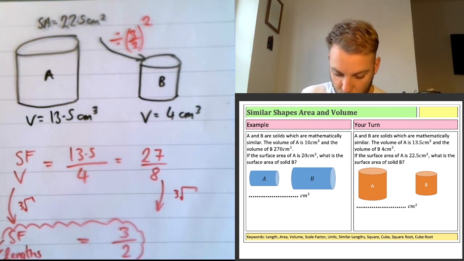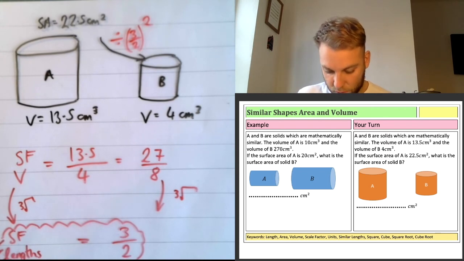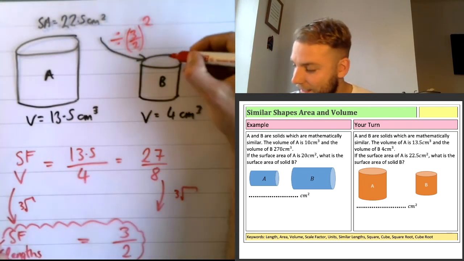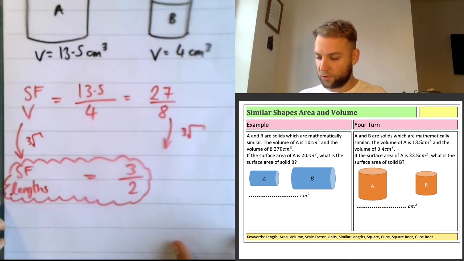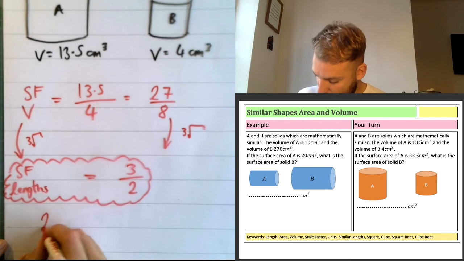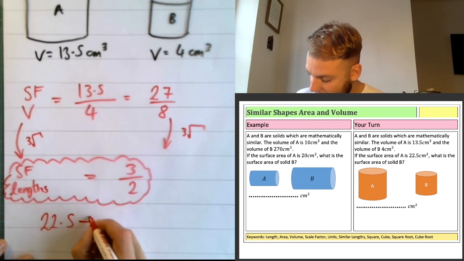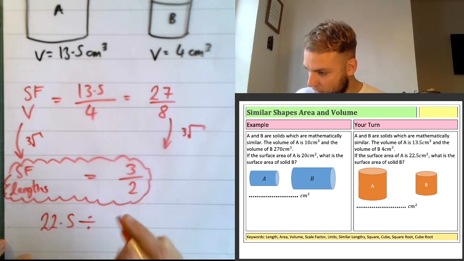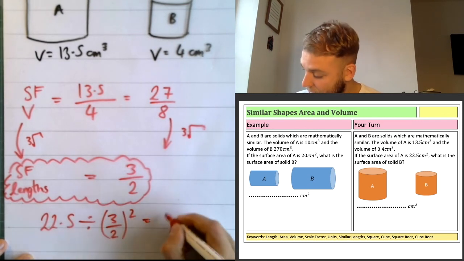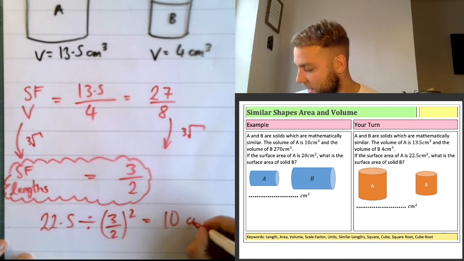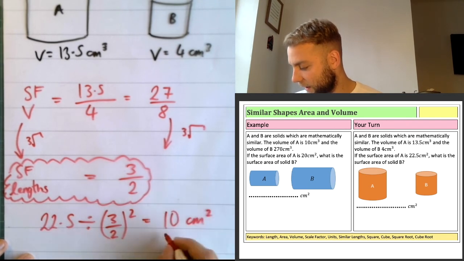So 22.5 divided by 3 over 2, or 1.5 squared, is 10 centimetres squared. So let's do it down here just so you can see. So 22.5 divided by, because I'm going from large to smaller, 3 over 2 squared is equal to, lovely number, 10 centimetres squared, like so.